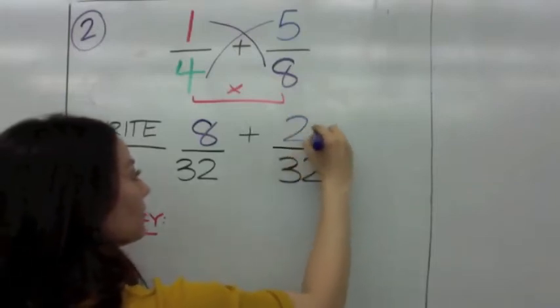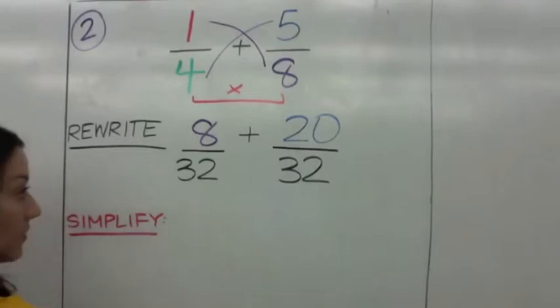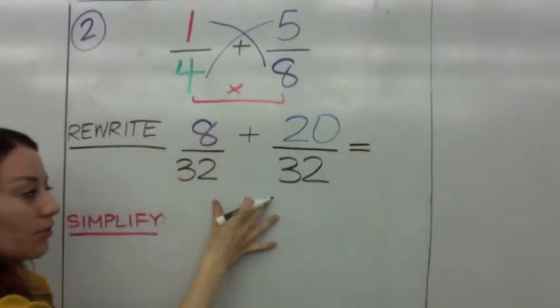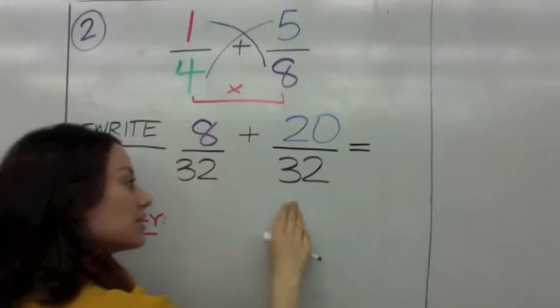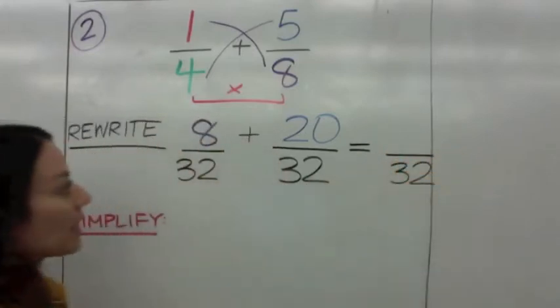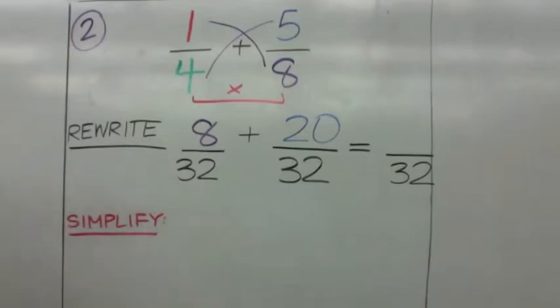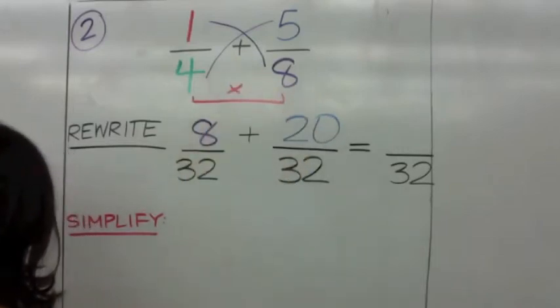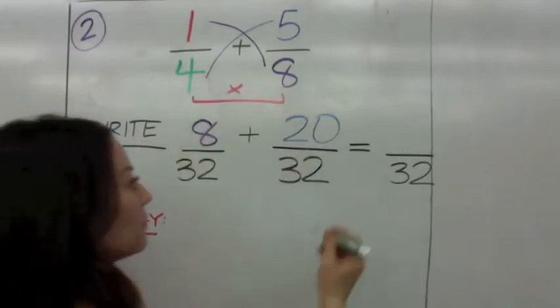Very good. Okay, if they have denominators that are the same, now you can add these fractions. Say, same, same, same. And let's add the numerators now. 20 plus 8. Just go ahead and put an 8 in the ones place, and that makes 28.